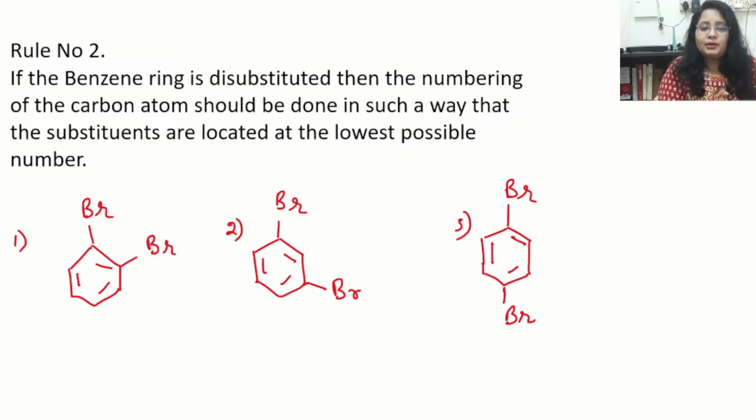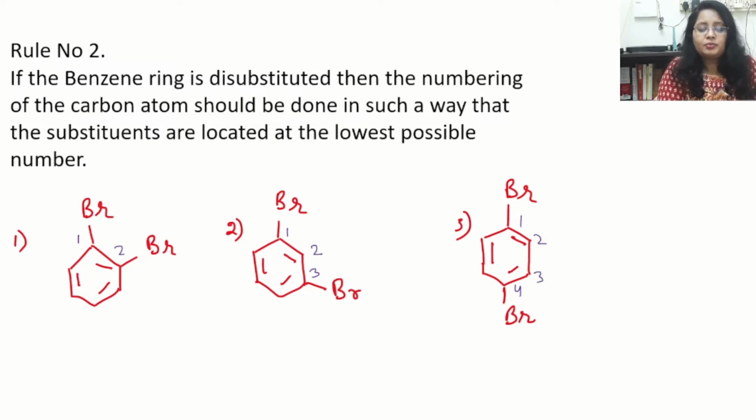We need to number them to get the lowest possible number. So if we number it here, we have carbon number 1 over here, carbon number 2. Like this we can do 1, 2, 3, and this one 1, 2, 3, and 4.